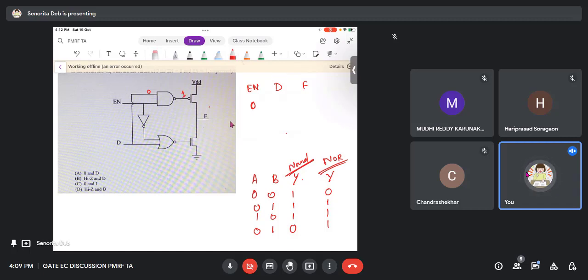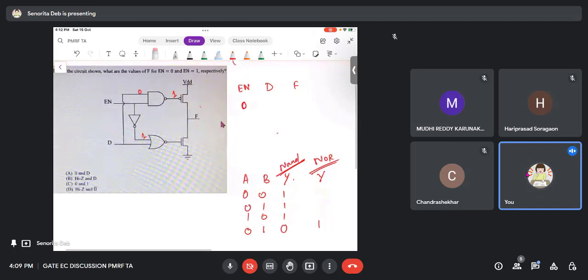And now you see the enable bar is going to the NOR gate. So this is 1. And if any one of the input of NOR gate is 1, then the output is always what? I have written the wrong truth table. So this is 1, this is all zeros. Yeah, this will be the truth table of NOR.